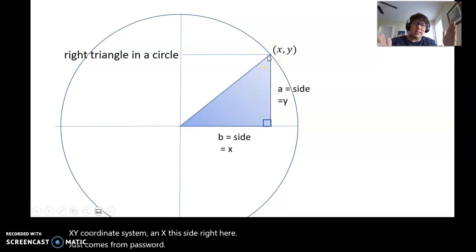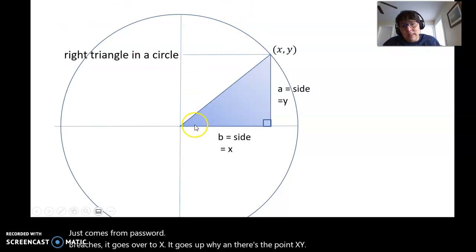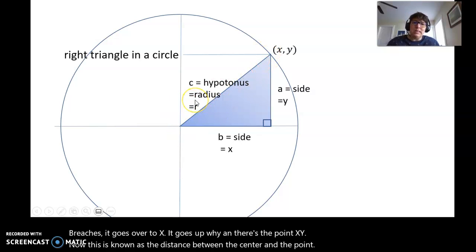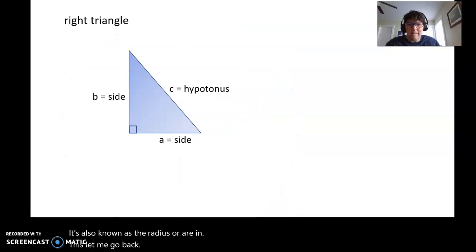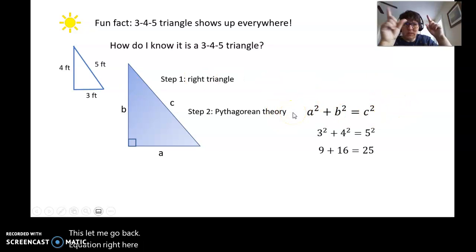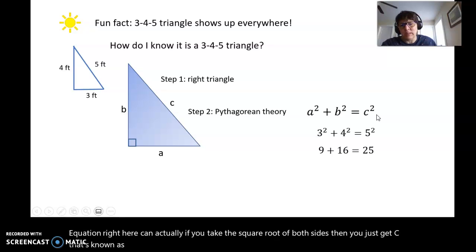It goes over to X, it goes up Y, and there's the point X, Y. Now this is known as the distance between the center and the point. It's also known as the radius, or R. If you take the square root of both sides of this equation, then you just get C. That's known as the distance formula.